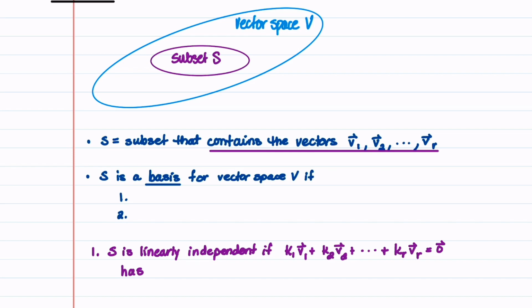The first thing is that S is linearly independent. In other words, our set of vectors are linearly independent.